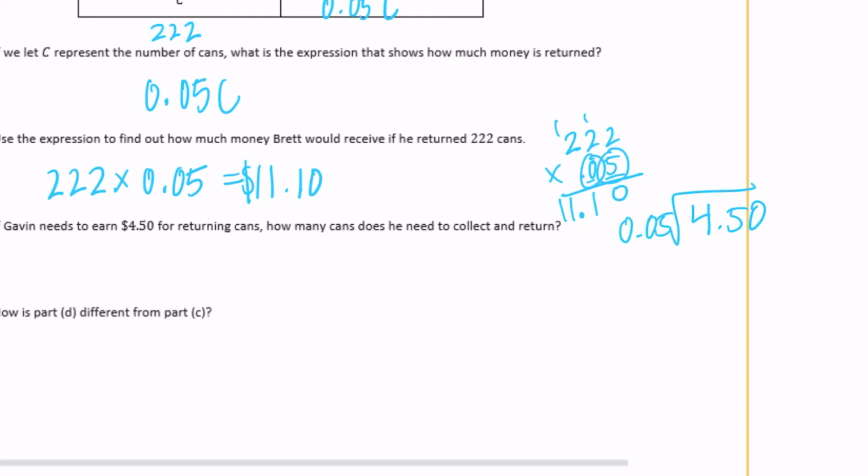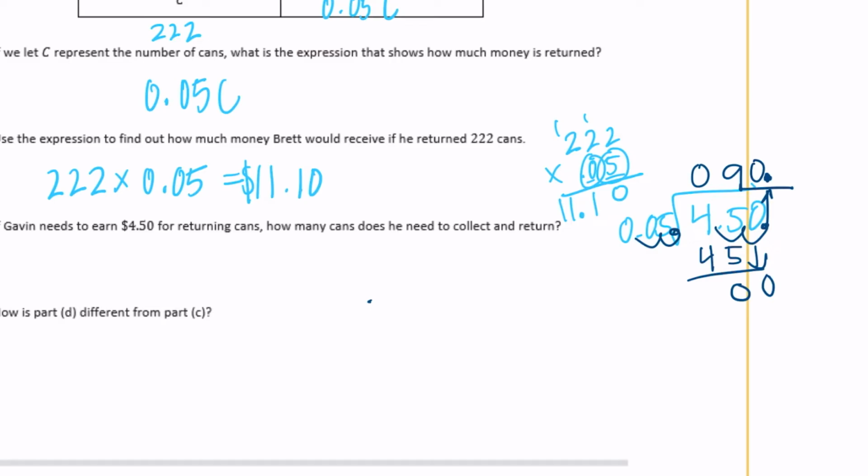So what I'm going to do is move the decimal point 2 places just to get rid of it. So now it's just 450 divided by 5. So 5 can't go into 4, it can go into 45 9 times. That is 45. Bring down the 0. 5 can't go into 0.